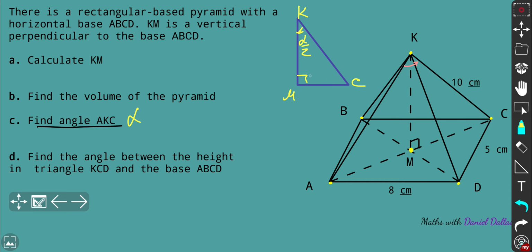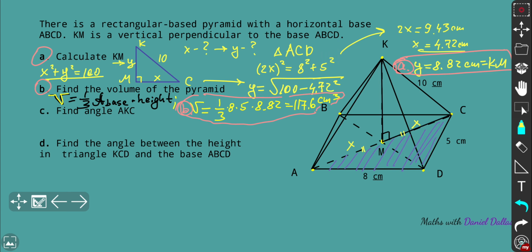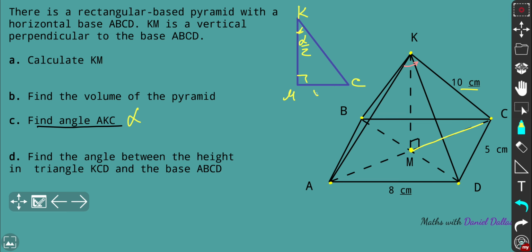Okay, so this right angle, we know KC is 10. We found MC, that was x, you remember. Let's go back to the slide. So it was x, 4.72 is right there. So 4.72, and we can easily use a trigonometric ratio.